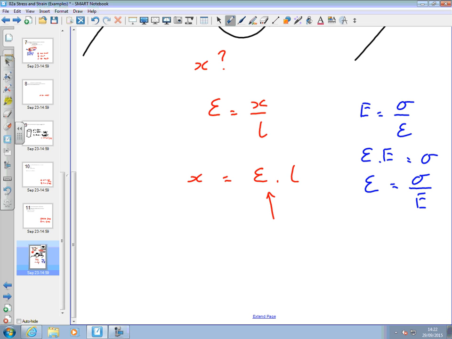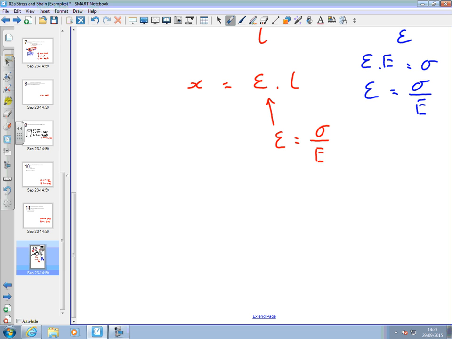So that formula is going to help me with this, because I know Young's modulus. However, I don't know the stress, sigma. So I look for another formula for the stress, and that's that the stress equals the force over area. And it's in the right form because I want to find the stress.